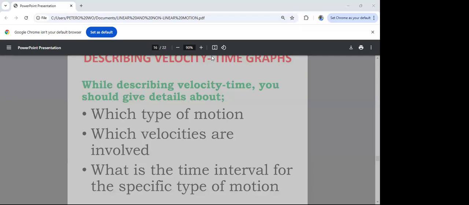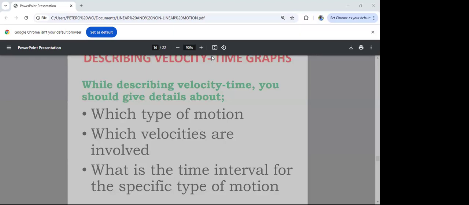Then after telling us the type of motion, you have to talk about which velocities are involved. For example, uniform acceleration from 10 meters per second to 20 meters per second. So you must tell the velocities that are involved in that type of motion.